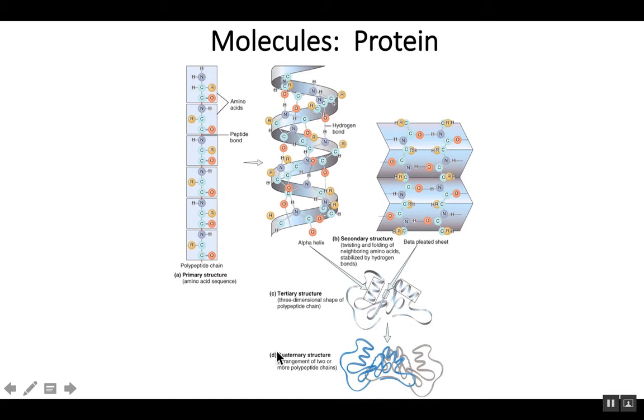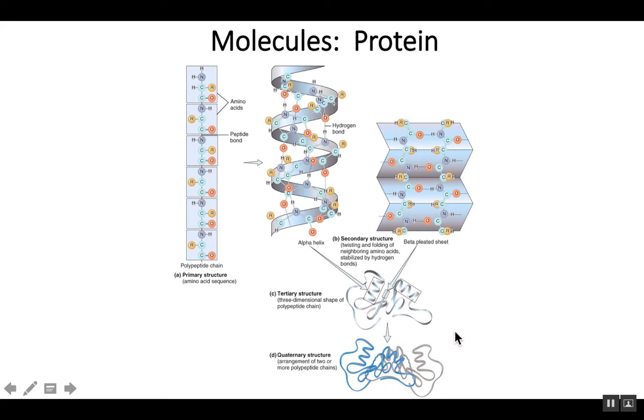We're not going to go into that much detail of these different levels of folding or structure, but you can see down here the ultimate goal is to get this long polypeptide, which is a long chain of amino acids, all folded properly. Then that protein will function.